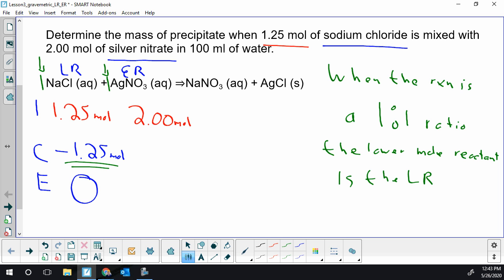The changes always follow your stoichiometric ratios. 1 sodium chloride reacts with 1 silver nitrate, makes 1 sodium nitrate and 1 silver chloride. They all have the same stoichiometric coefficient, so all our changes are going to be the same number. The two reactants go down, and our products go up.